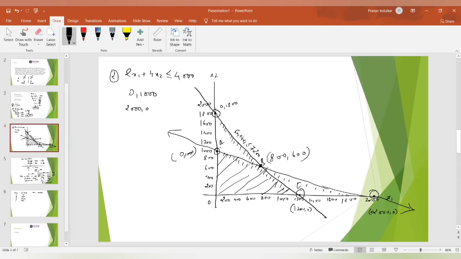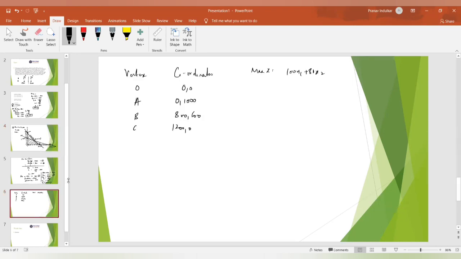O is the origin. And then we are supposed to substitute the coordinate points.